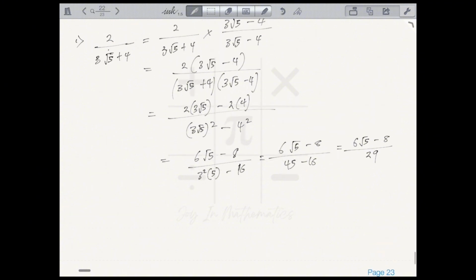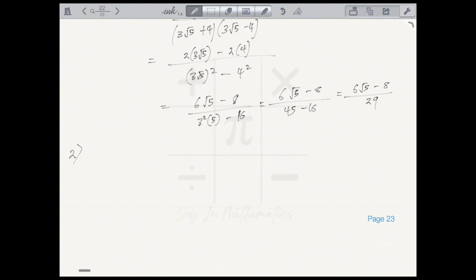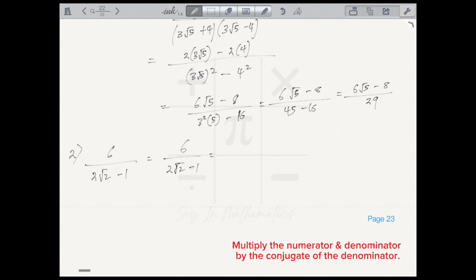Let's take another example. Now we have 6 divided by 2 root 2 minus 1. In this case, we are going to multiply the numerator and the denominator by the conjugate of the denominator.